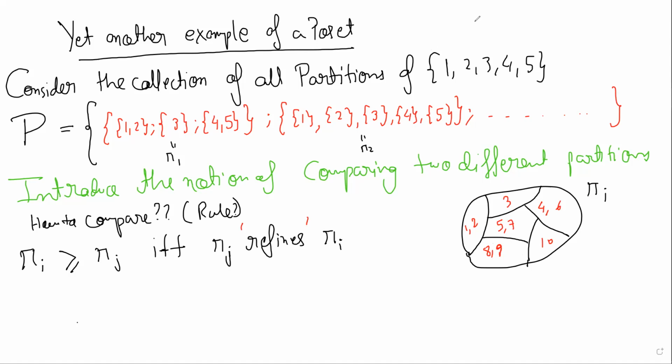It basically means that you're breaking up the partition further, right? What does refining mean? You just break the stones further into smaller pieces and you create a refinement, right?